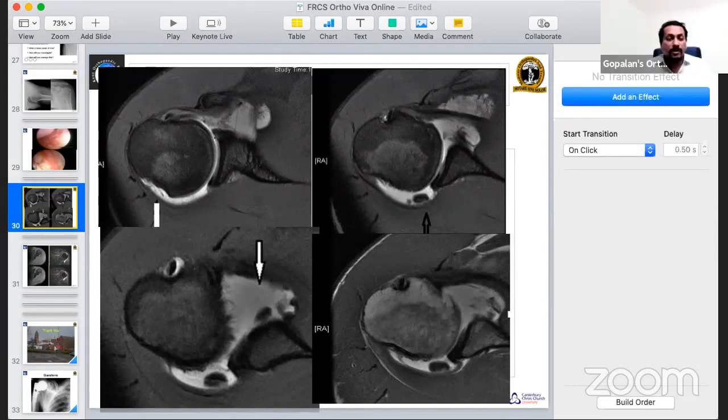Off late, in every meeting there's a discussion on the Stanmore classification, because there is a chunk of patients who don't fit on either of them. So you don't have the classic traumatic or the classic atraumatic one.